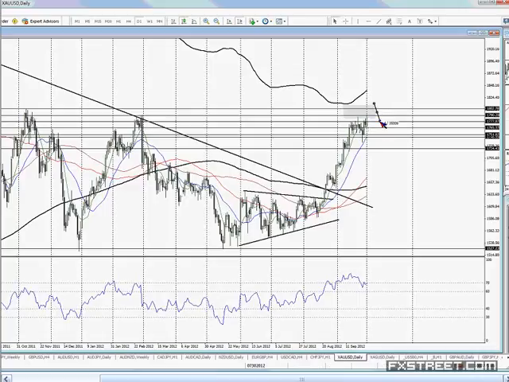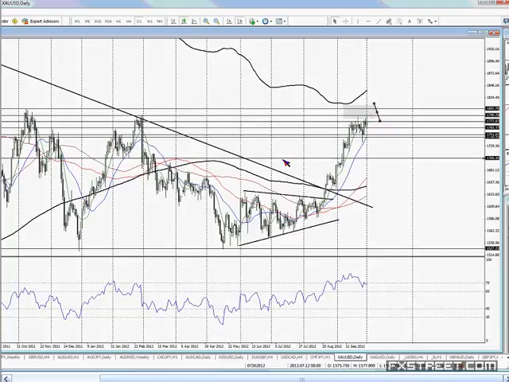Now, as far as target goes, max, it will be down to 1700, maybe 1704, 1710 area. Okay, but I would start managing my trade, moving up and locking in profit as the market gets into this consolidation area, because I can't predict at that point if the market will indeed respect this consolidation area and continue higher.